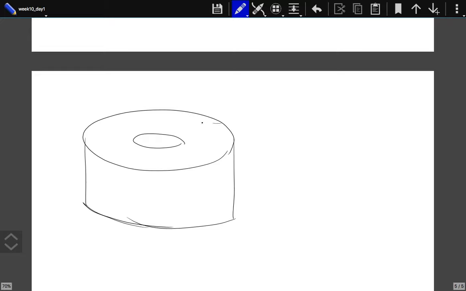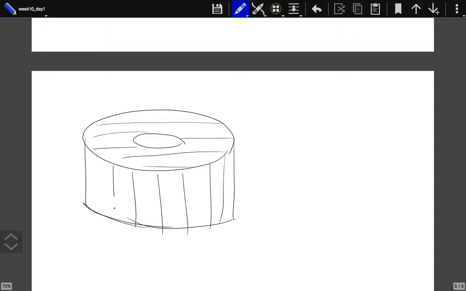So this is my box. You can just think of it as you take a rectangular box and just curve it into the shape of a cylinder. Our particle is not allowed to get moved out.